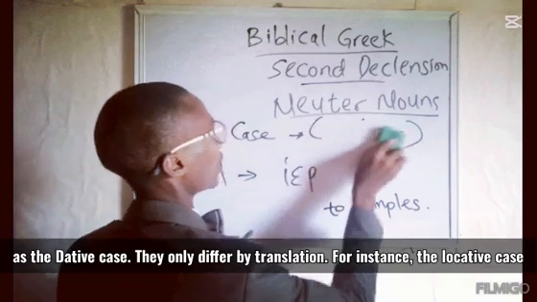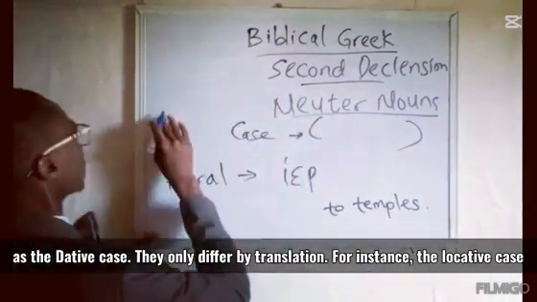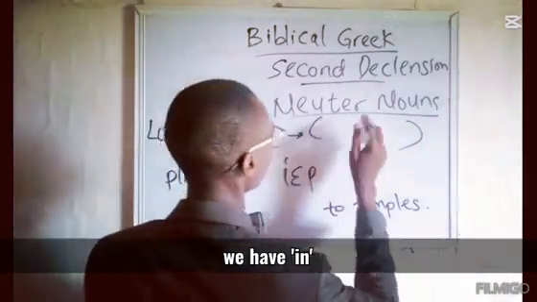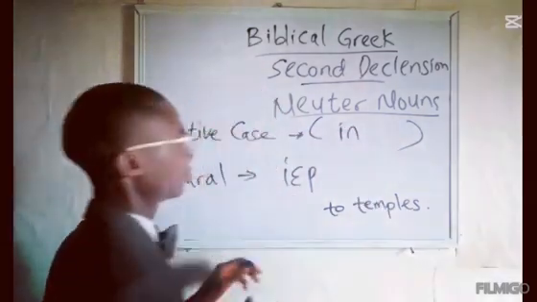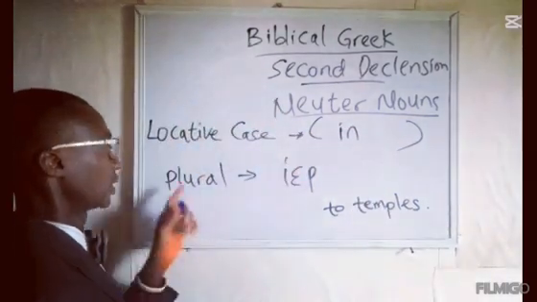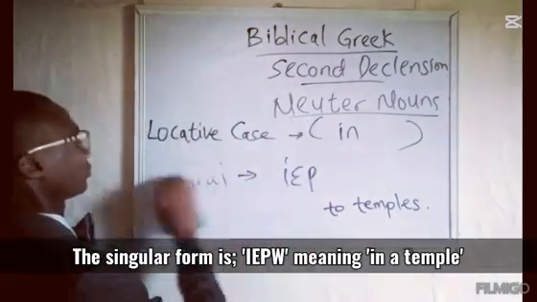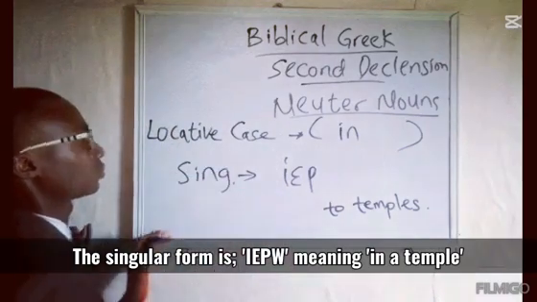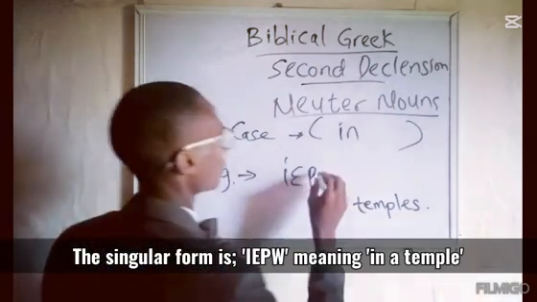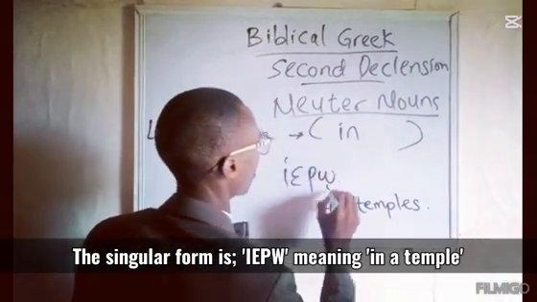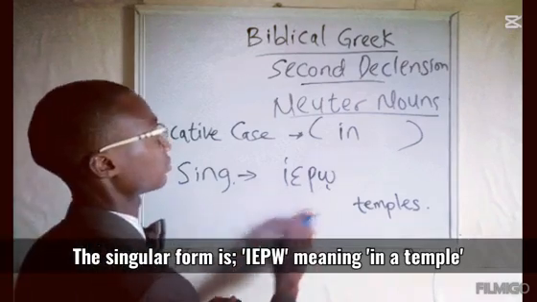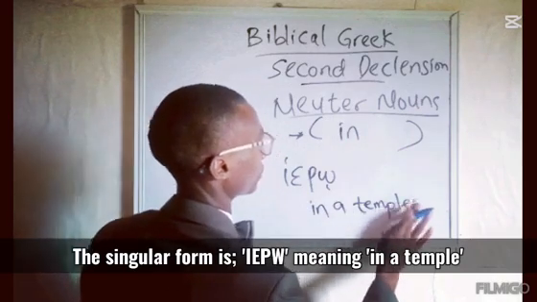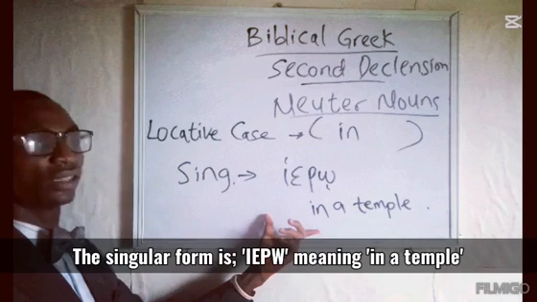However, their forms change. For instance, the locative case talks about in. The singular form is hierō, which means in a temple, in a temple.